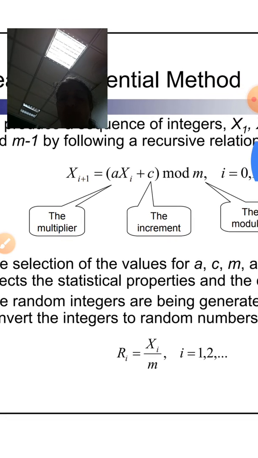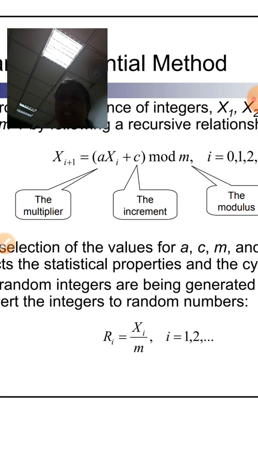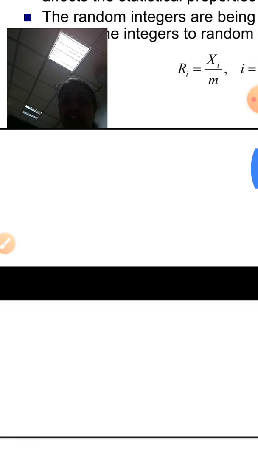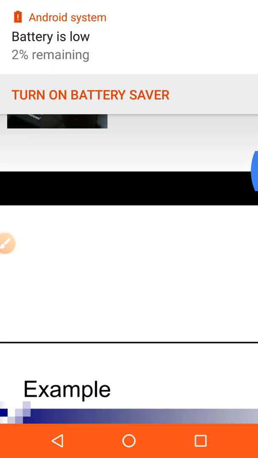Here we are going to convert these integers to random numbers: Ri is equal to xi by m. As you know, m is the modulus. So we convert the integers we have generated as xi to the random numbers Ri, where i ranges from 1, 2, 3, 4, 5 and so on, because x0 is already given.